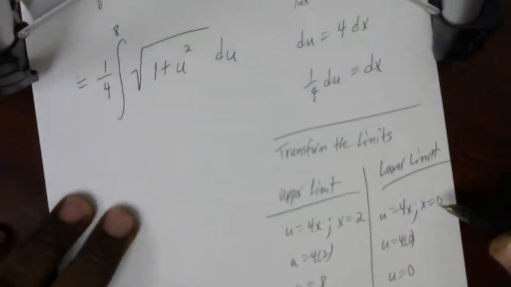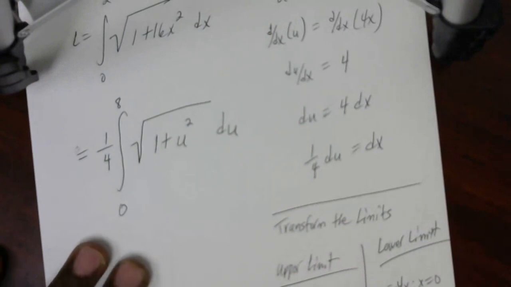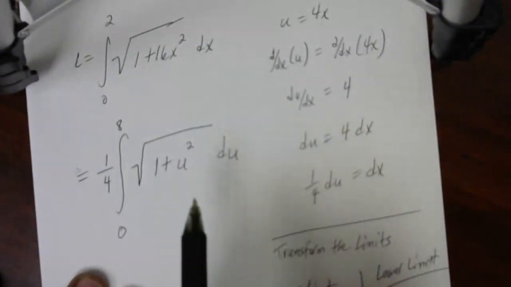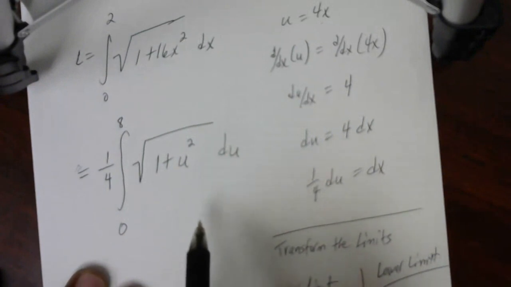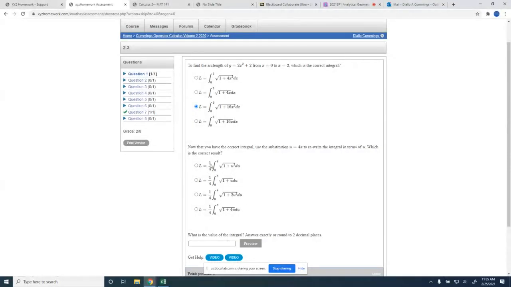So when x is 0, u is also 0. So we have transformed the limits from x to u. Okay, so if we go back to our problem, I believe this should be 1/4 times the integral from 0 to 8 of the square root of 1 plus u squared du.